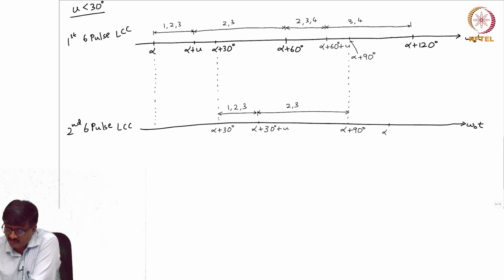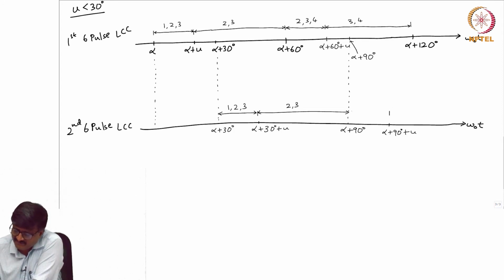Then I also show alpha plus 90 degree plus u. So from alpha plus 90 to alpha plus 90 plus u, valves that conduct are 2, 3, 4. Then after that it is 3, 4.